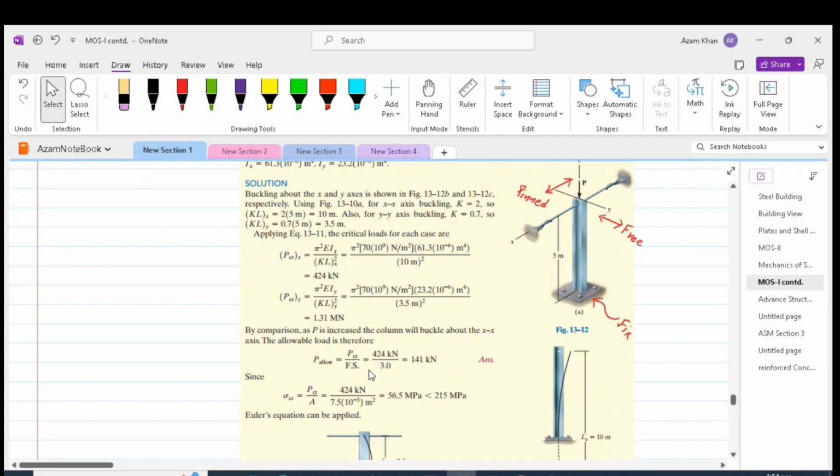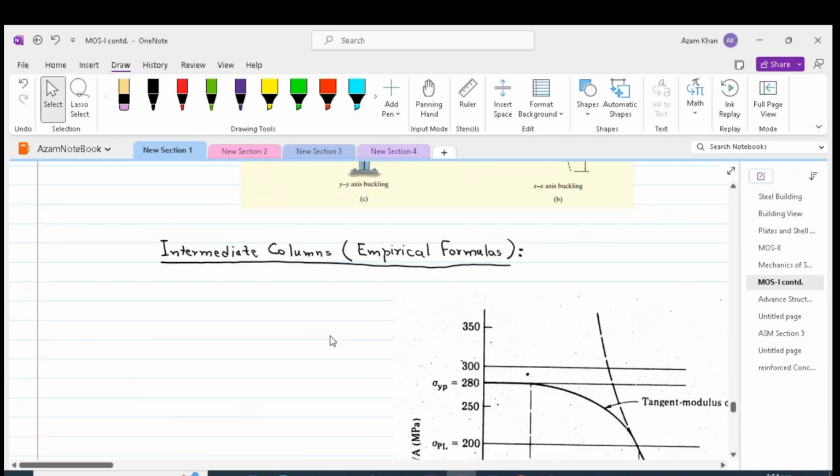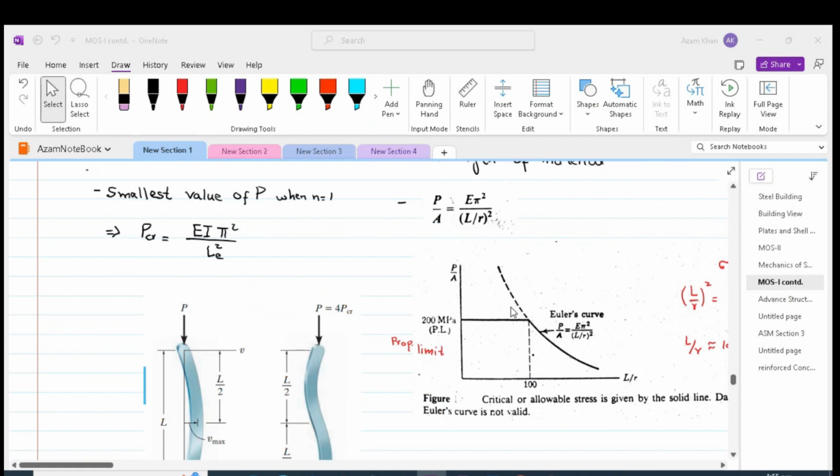Now finally, a very brief discussion on intermediate columns. In our previous discussion, we have shown long columns that can be treated by using the Euler equation.